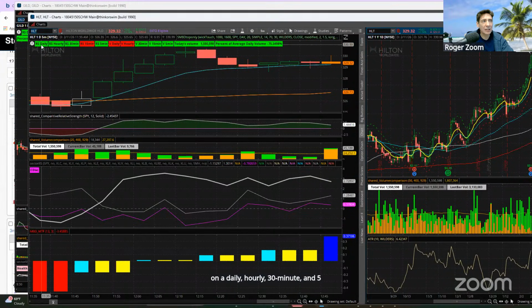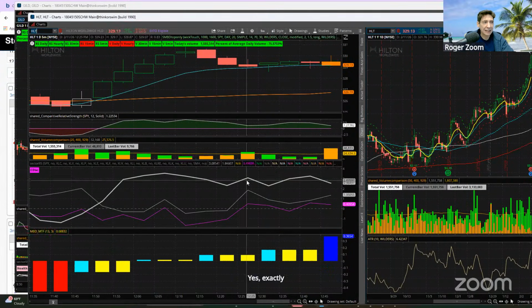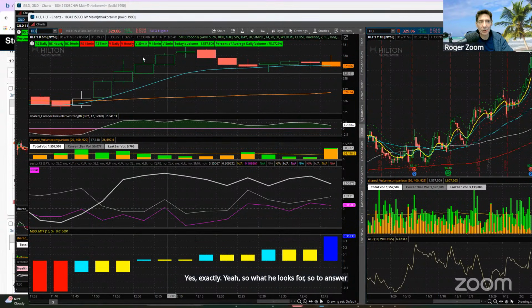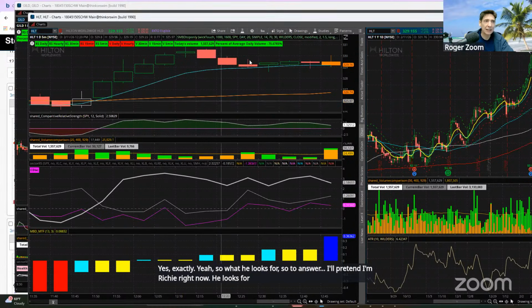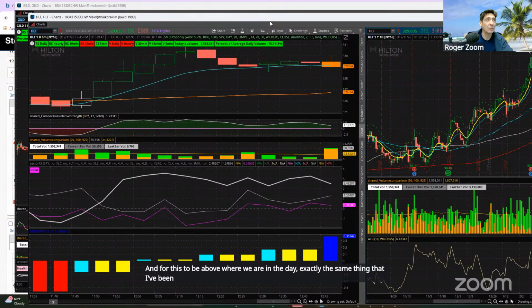I usually just look at daily and 5-minute, but at the end of the day, I start looking at hourly. So, to answer, I'll pretend I'm Richie right now. He looks for this to light up in green, and for this to be above where we are in the day. Exactly the same thing that I've been telling you for the last 20 minutes.